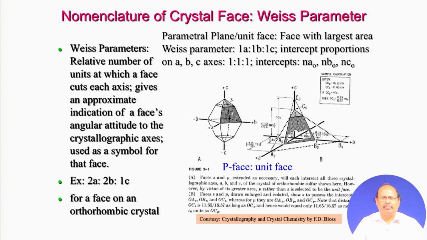These are the intercept proportions along the A, B and C crystallographic axes, that is, in a 1:1:1 ratio. But if you talk about the total intercepts, and the unit cell length along A is a0, along B is b0 and along C is c0, the total length along the A axis will be n a0, along B it will be n b0, and along C it will be n c0.